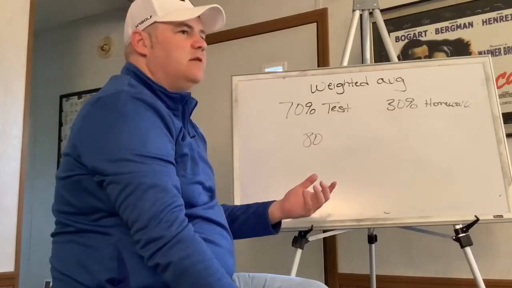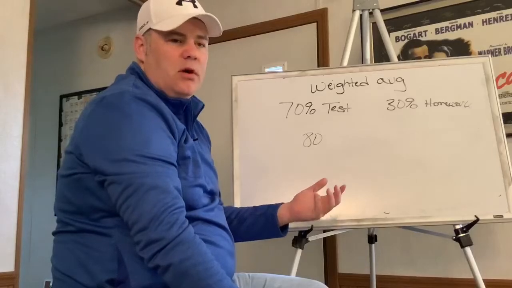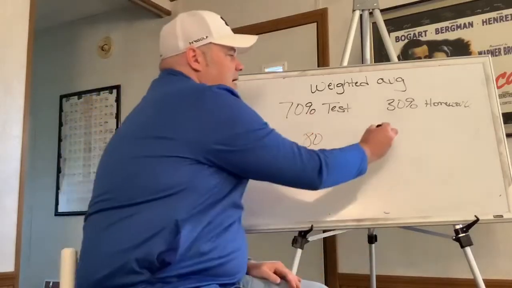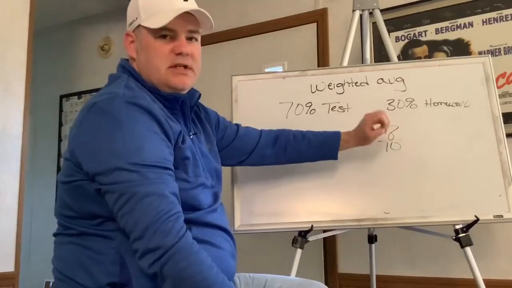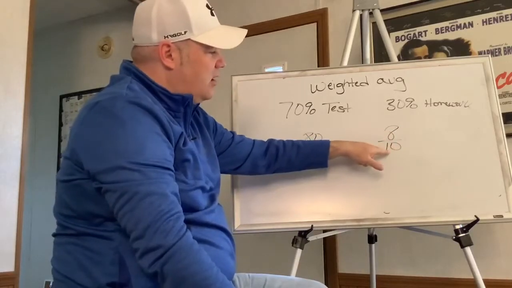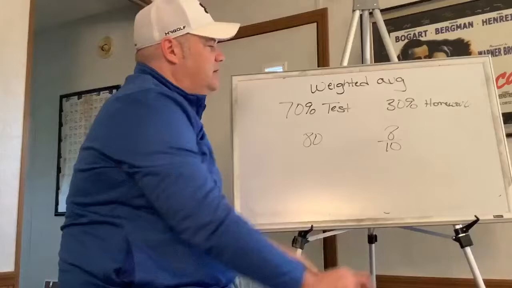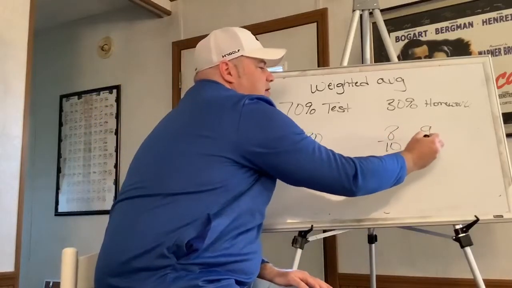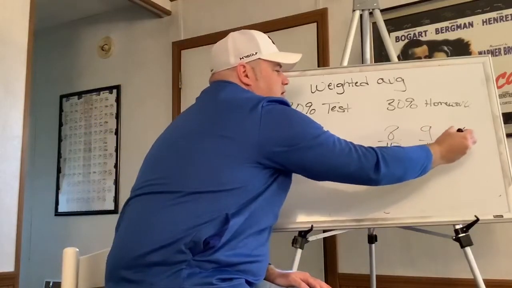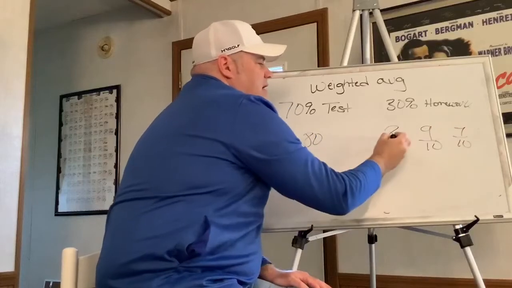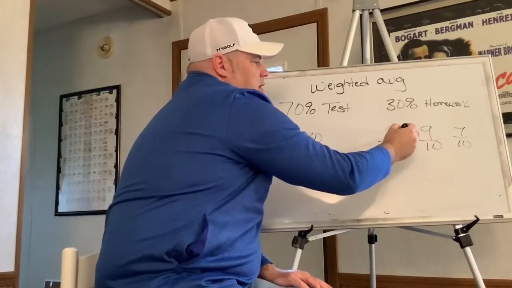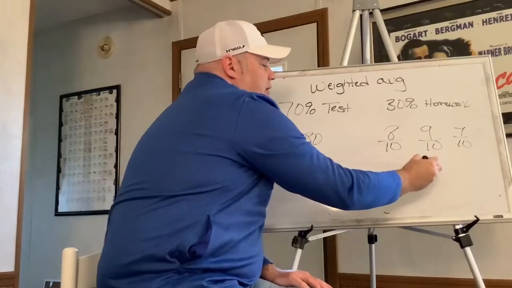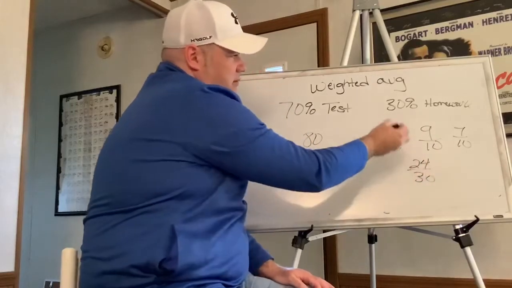Homework's a little bit different because I would imagine most of your homework is written as like 8 out of 10 and so on. So you're going to have to go through, find the averages, and add them up. Or you could take all the total points: if it's an 8 out of 10, a 9 out of 10, and then a 7 out of 10, you could add them and get 24 out of 30, and then find your score.